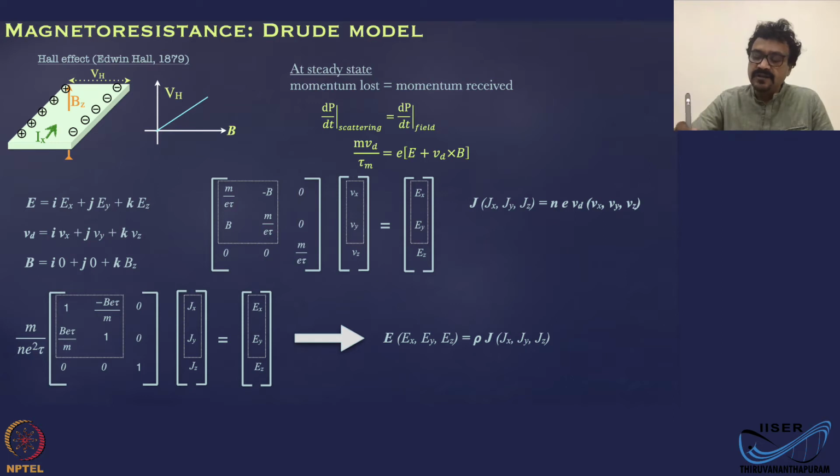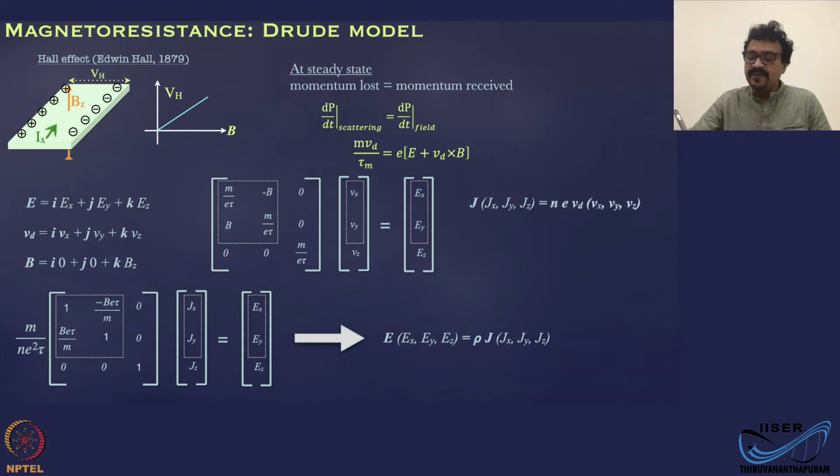Now, the assumption here is the carriers undergo scattering with various scattering centers inside the material, and the momentum lost during the scattering is actually momentum received from the field, and this is the condition for the steady state.